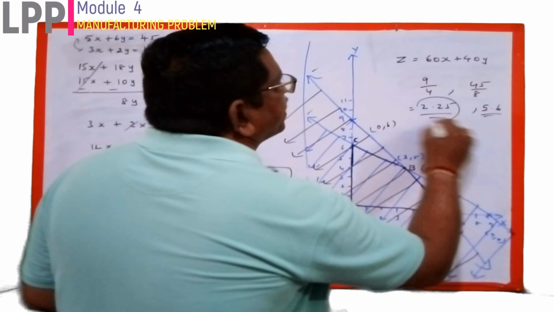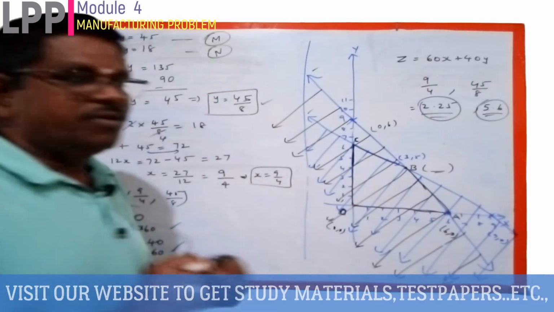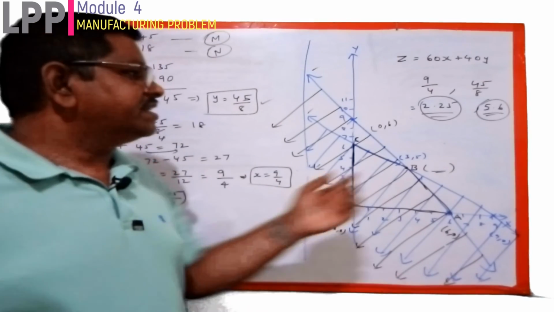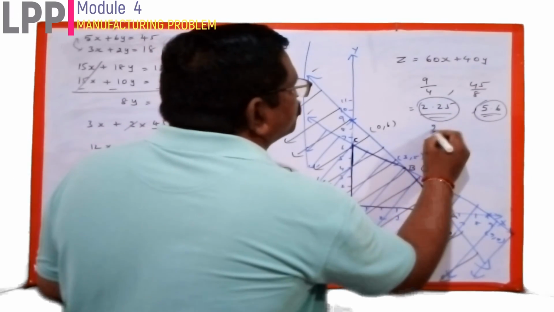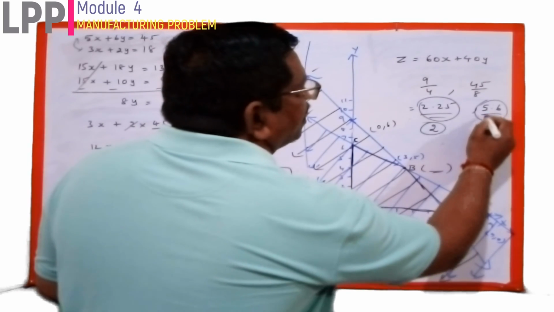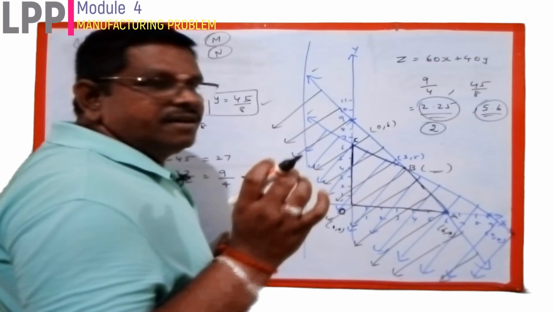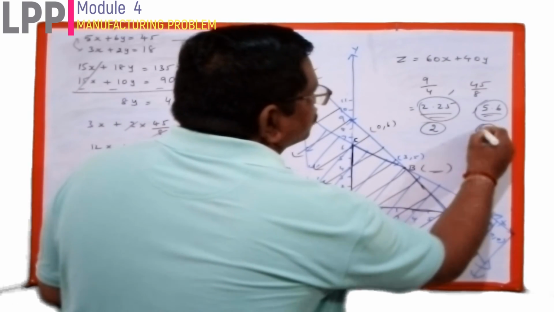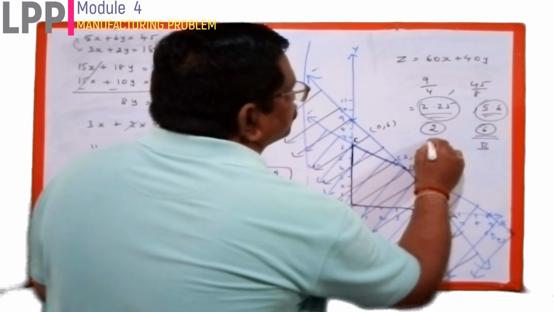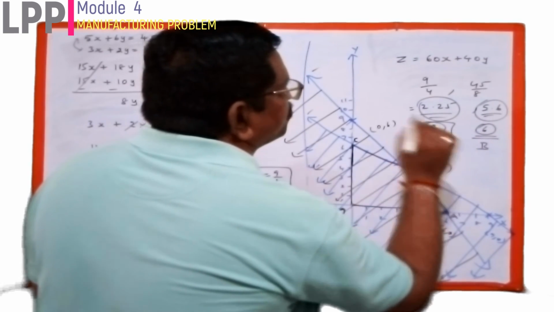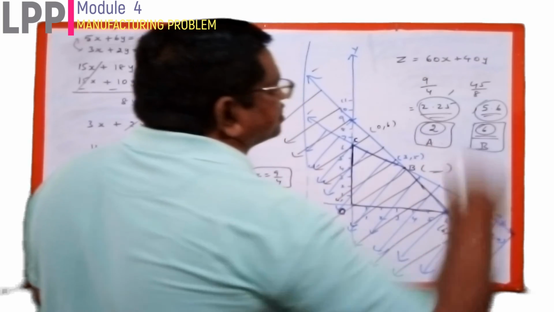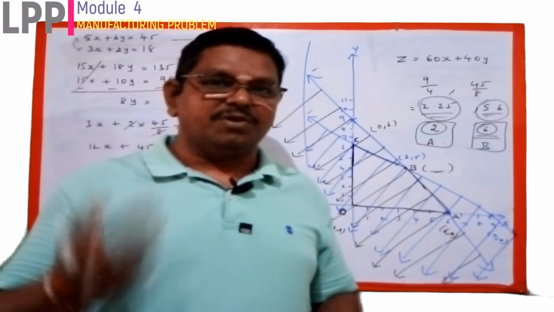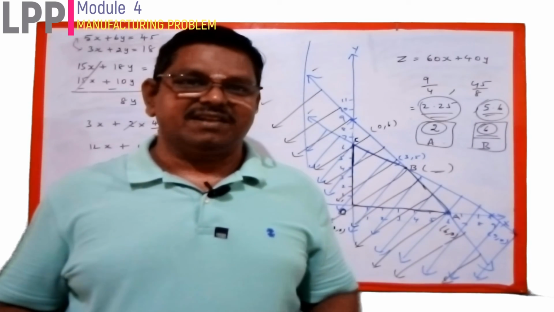We can round these values because 1 by 4 of a machine we cannot buy and keep in our factory. So we will take the rounded value of it. So 2 machines of A model. When we round this 5.6, it will be 6. So 6 machines of B model. So machine A, 2 machines, machine B, 6 machines. In this way, we are solving the manufacturing problems. So in our next modules, we will discuss the transportation model. Thank you.